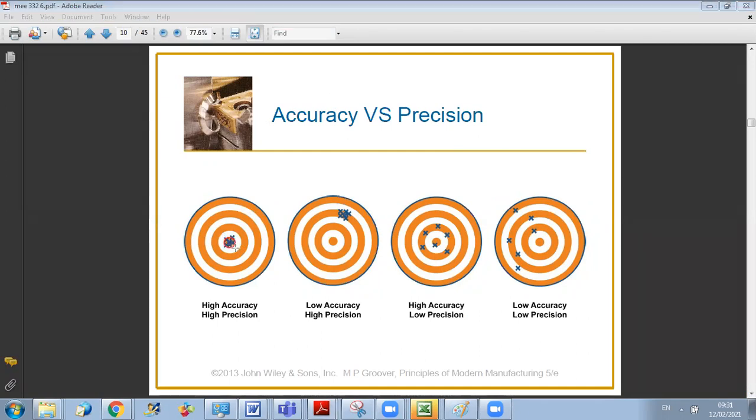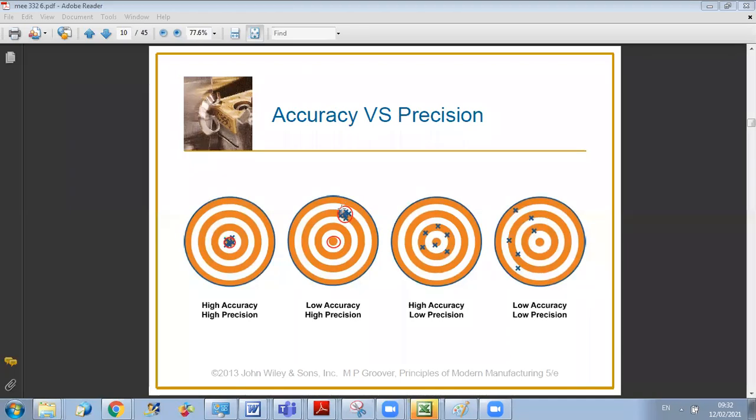And why high precision? Because all your repeated shots are close to each other. However, in the second figure, you tried several times, but you weren't able to reach the center. So it's not an accurate case, but it's of high precision because all your trials were at a very close point.